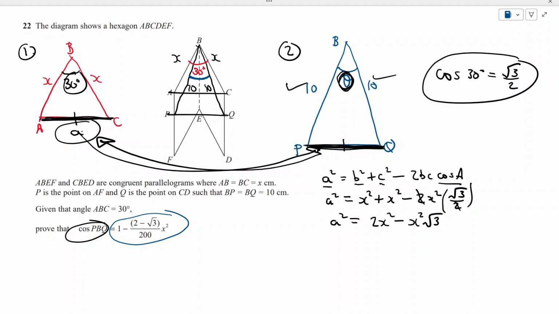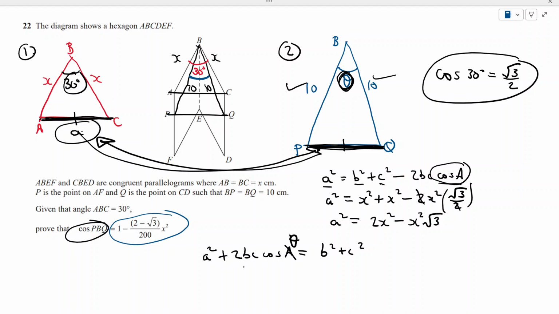over in diagram 2. But first, we need to rearrange the cosine rule formula to make cos A, or cos theta in fact, the subject. So what we're going to do next is we're going to add 2bc cos A to both sides, so we end up with a squared plus 2bc cos A equals b squared plus c squared. In fact, what I'll do, I'd rather use cos theta so we're keeping track of what's going on.